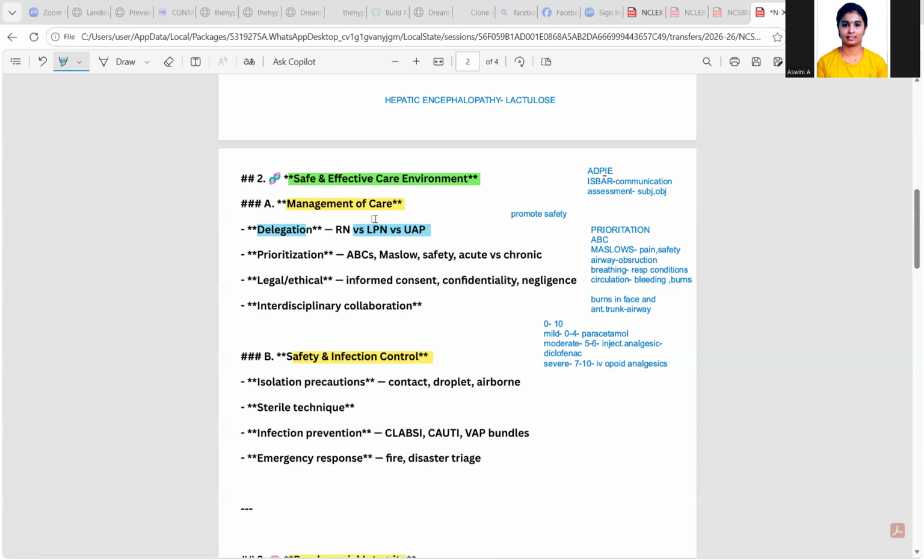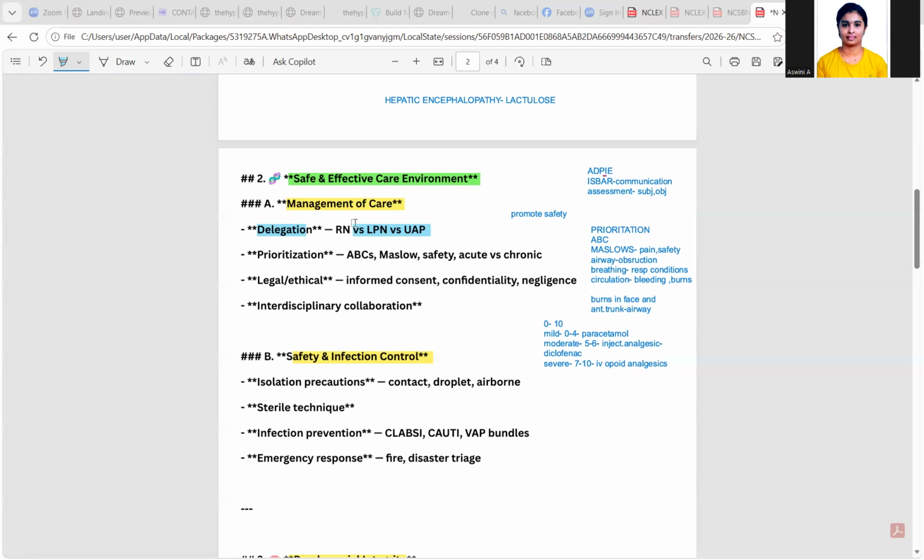And if it is a normal delivery, we need to check the pad. In the immediate post-delivery period, who will check the pad, meaning how much bleeding? The LPN can check, the RN can also check.